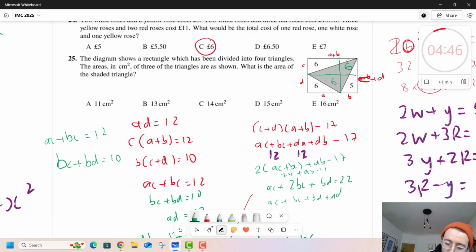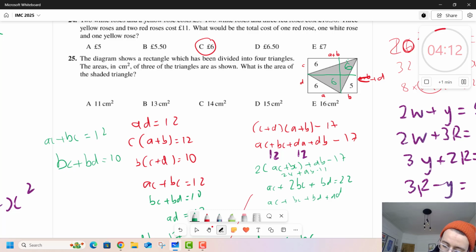That's A, B, that's A plus B, that's C, that's D, that's C plus D. So C plus D times B equals 10. So that means CB plus DB equals 10. I also know that AD equals 12, and AC plus BC equals 12. So I've got this. I'm just writing exactly what's on the screen, again.